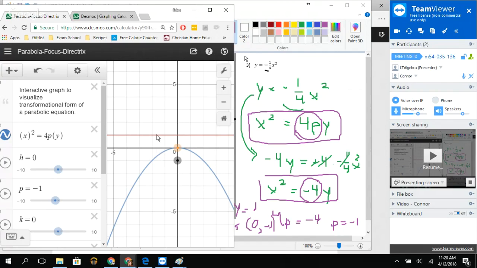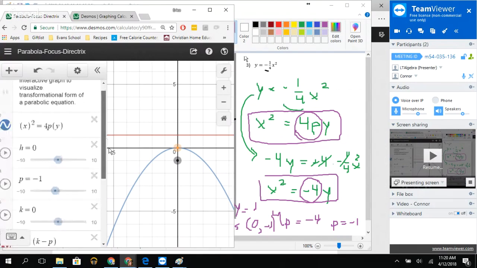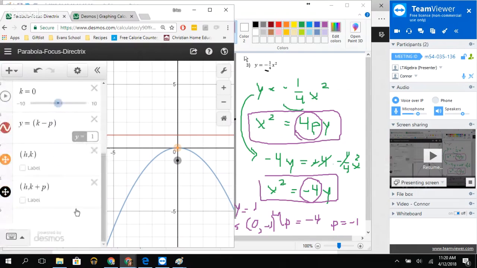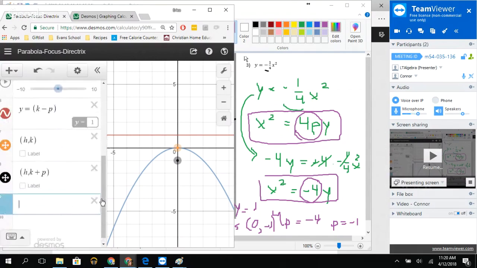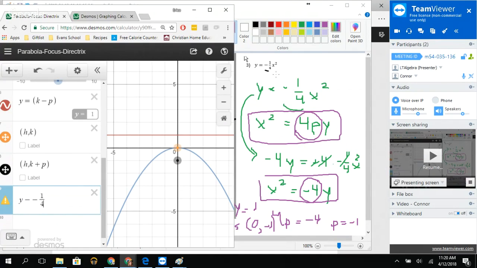And my directrix is at 1. So if I add another line in here, let's see if Desmos will let me. Yeah. If I just add my original graph in, y equals negative 1/4 x squared. Oh, I need to make an equal sign here.